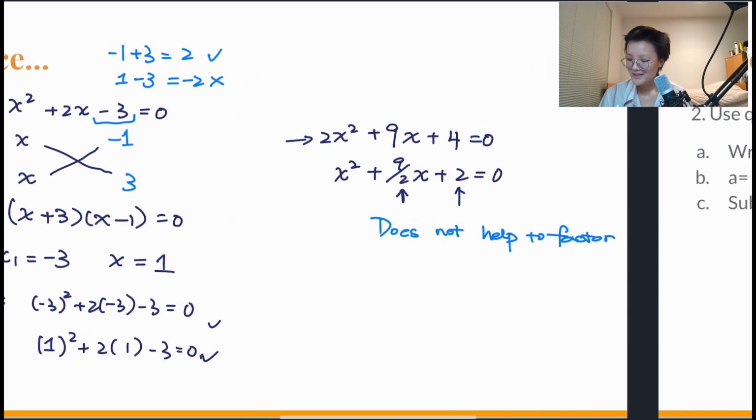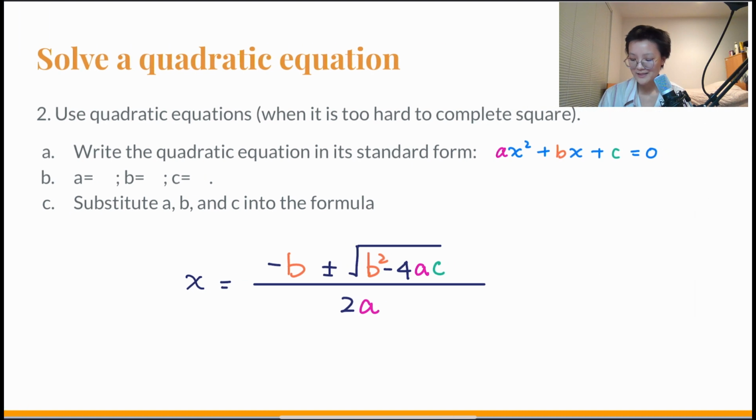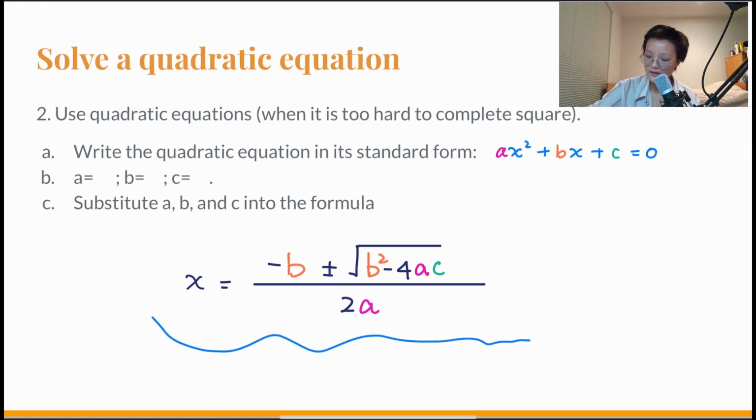So we could solve it using this formula, this magic formula. In order to use this formula, you need to write this quadratic equation into this form, the standard form, and you just have to find out what is the value of A, B, and C, and you can substitute the values into here, and you will get the answer by calculating this entire formula.